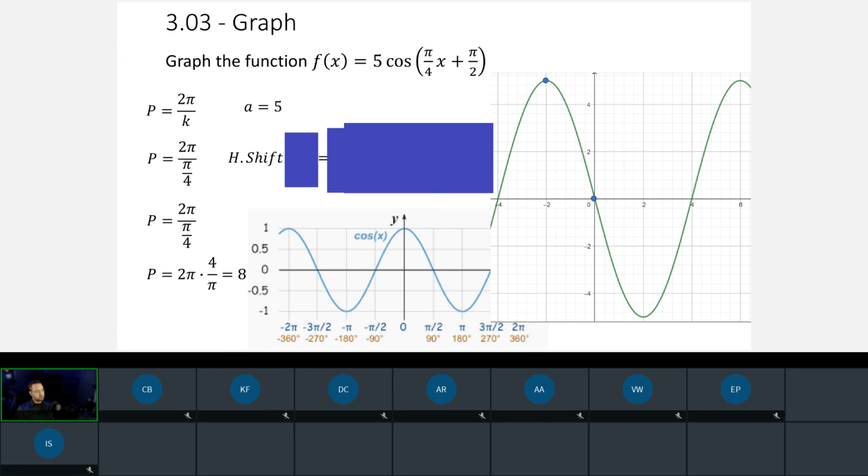All right, horizontal shift. How do we find that? What is that formula? C divided by K, yes. The C value is pi over 2. The K value is pi over 4.